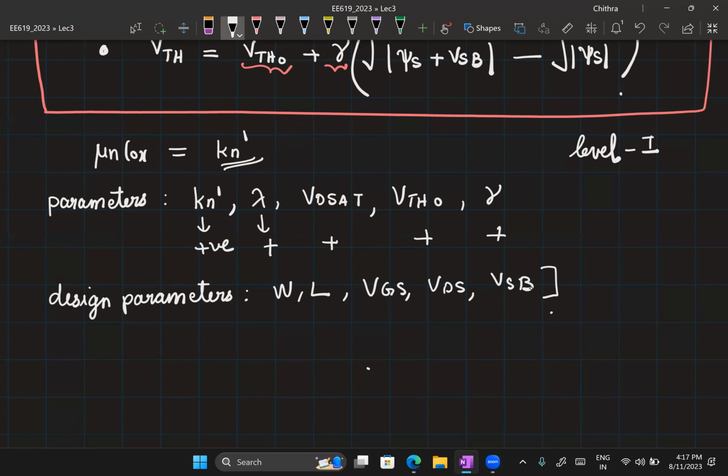You can't come back and say that I will tweak a technology parameter, because then no foundry will be willing to fabricate it for you, because the foundries have taken several months and several years of innovation into figuring out a particular process and the process parameters. Okay? So unless you work directly in a foundry or you're related to device fabrication, our focus is on how can we tweak these design parameters.